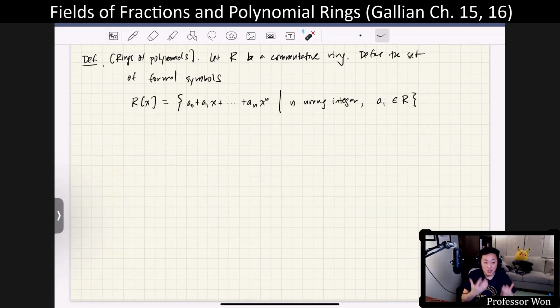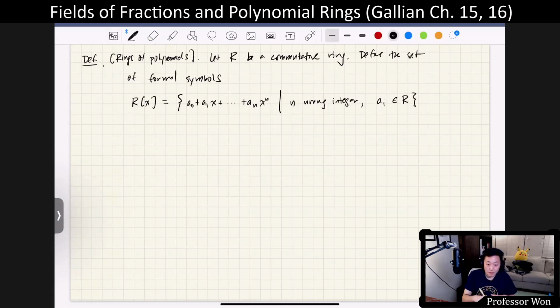It's just a symbol x squared. It looks like it might be x times x, but at this time, I have not yet defined any multiplication here, so x times x doesn't make any sense yet. Eventually, x squared will in fact be equal to x times x, but at the moment that we're defining the set, we're just defining x squared as a formal symbol. Hopefully that makes sense.